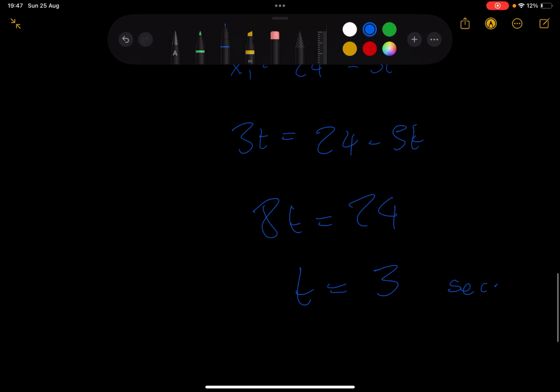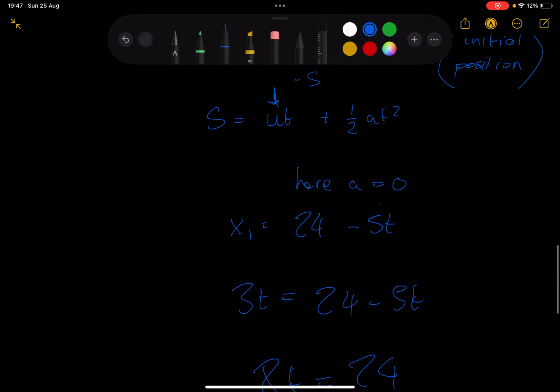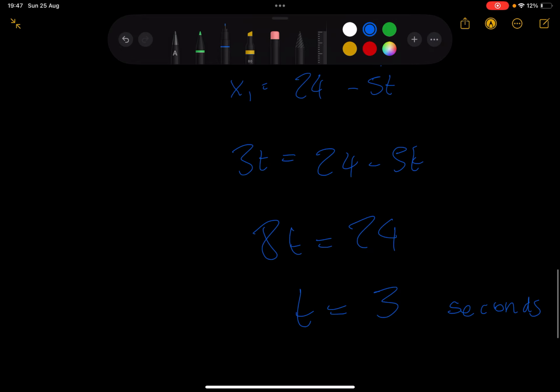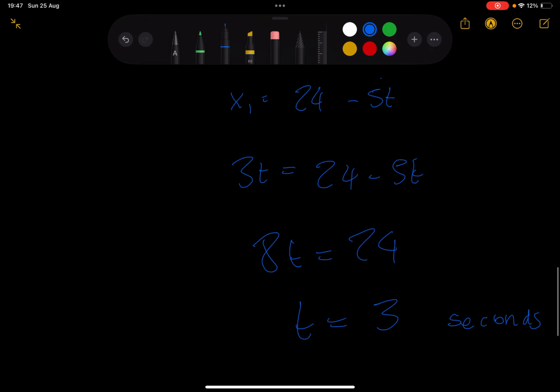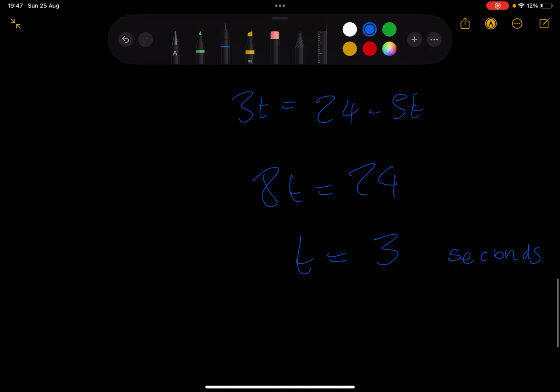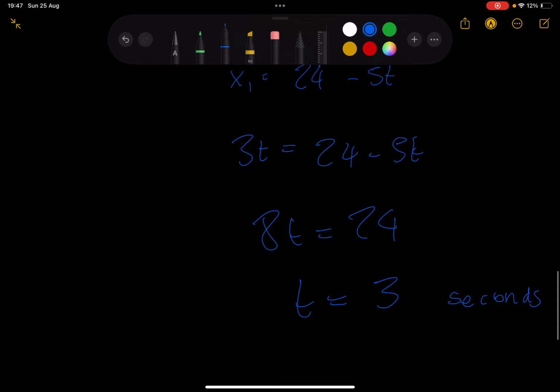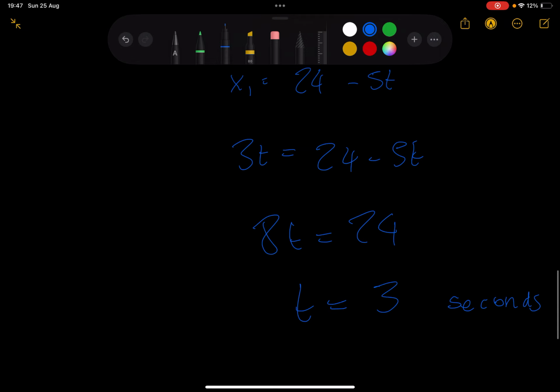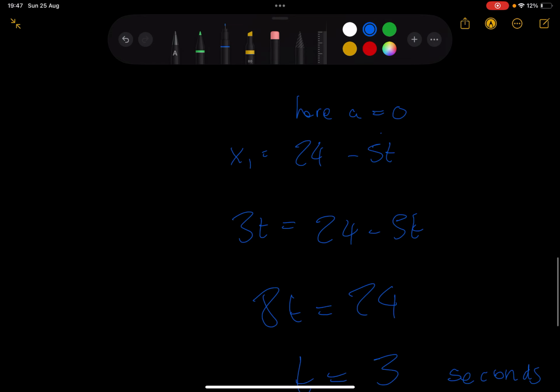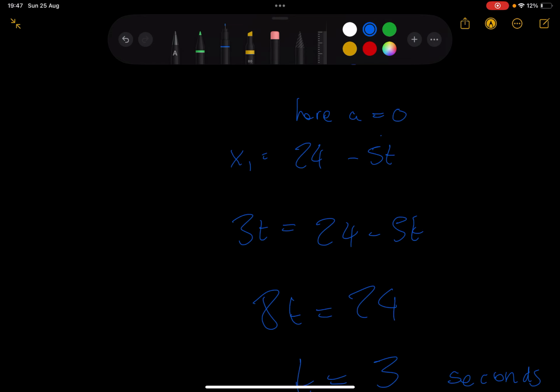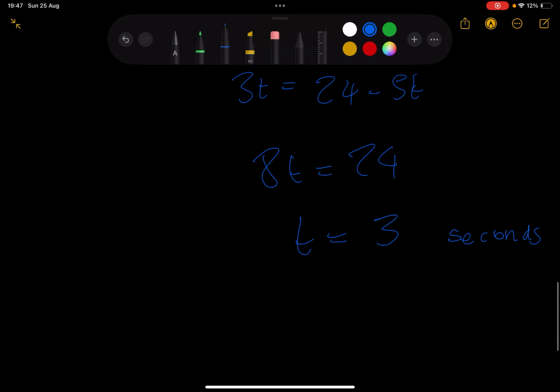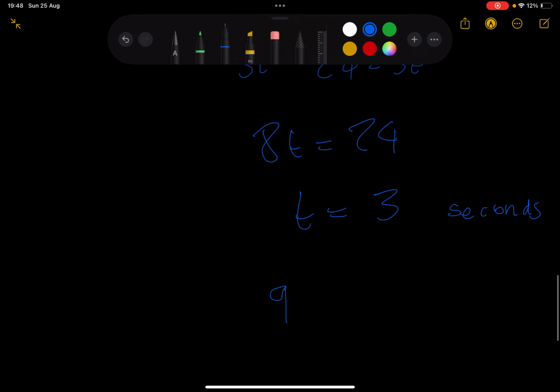Seconds. And if we substitute 3 in both equations, it will give us the coordinate in meters.